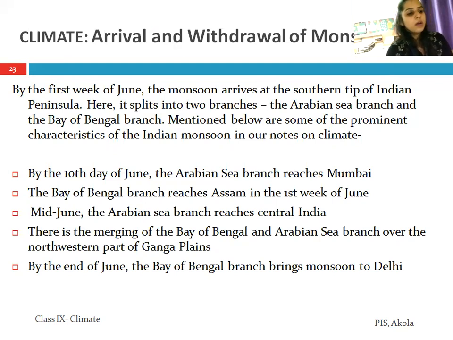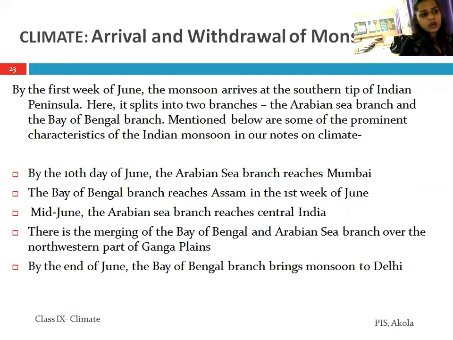Mid-June, the Arabian Sea branch reaches central India. There is a merging of the Bay of Bengal and Arabian Sea branches over the northwestern part of the Ganga Plains. And by the end of June, the Bay of Bengal branch brings monsoon to Delhi. Mumbai receives monsoon from the Arabian Sea, Assam from the Bay of Bengal.